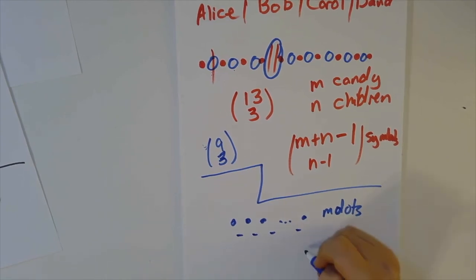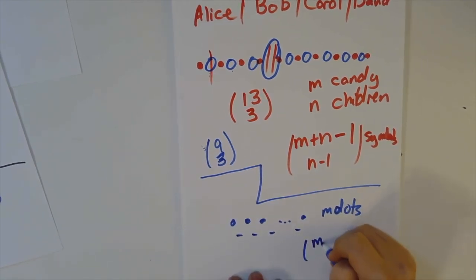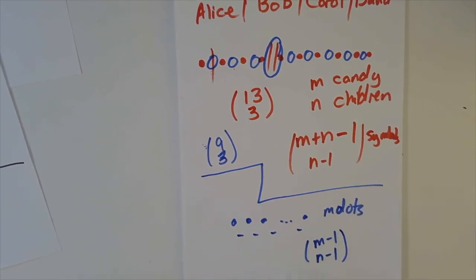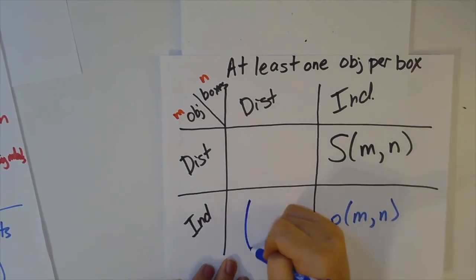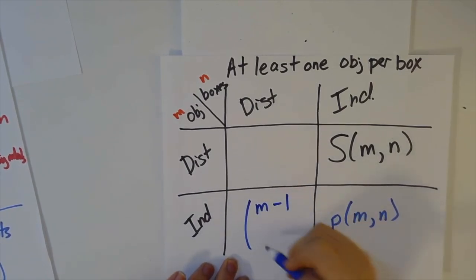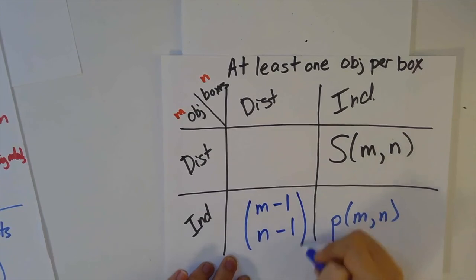And so that's going to be m minus 1 slots. And I need to choose n minus 1 of them to be dividers. So here I'm going to get m minus 1 choose n minus 1 as my number of ways. So that goes in this slot. So this is m minus 1 choose n minus 1.